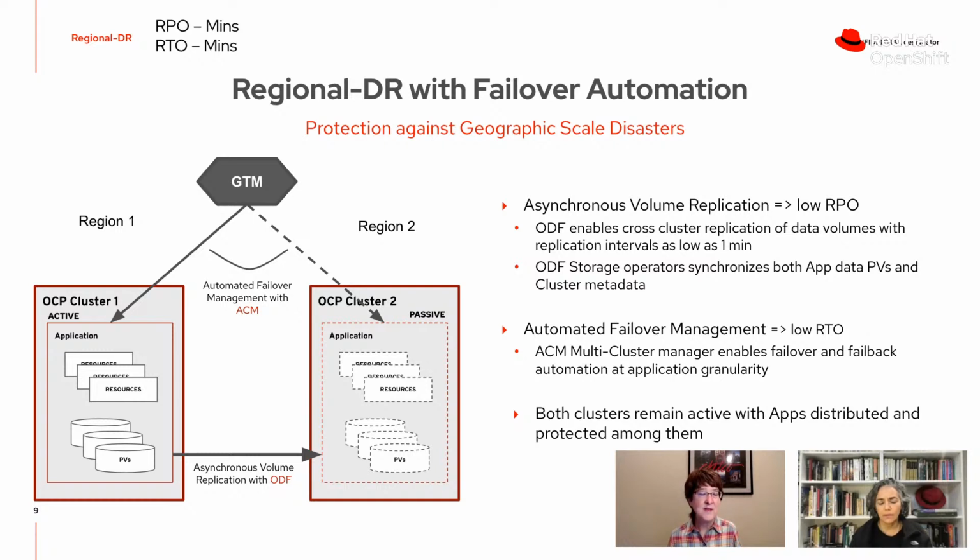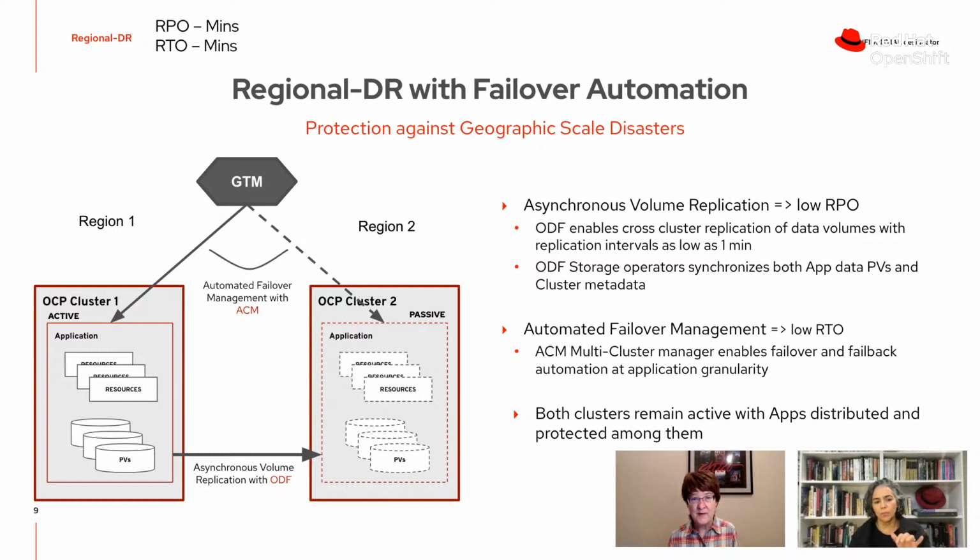There are active instances of the application, and on what we call the passive side, the application is not even running until you have a failover, and we'll see that. And so you're not using resources on the passive side until the application needs to fail over.